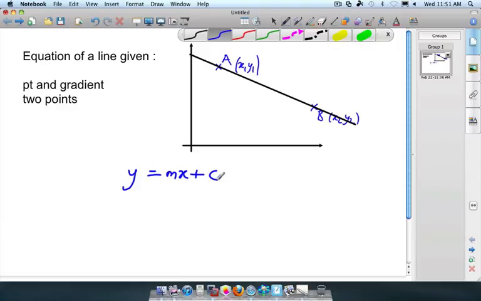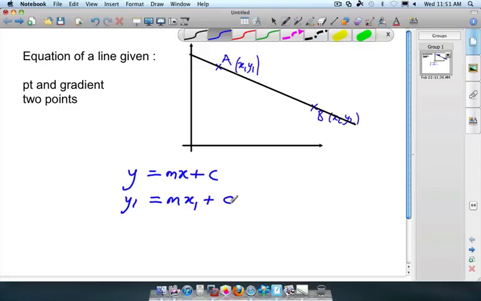First of all, let us assume that the straight line has the equation y equals mx plus c, and we know that this point, x1, y1, is on that line. If the point x1, y1 is on this line, then we can say y1 equals m x1 plus c.